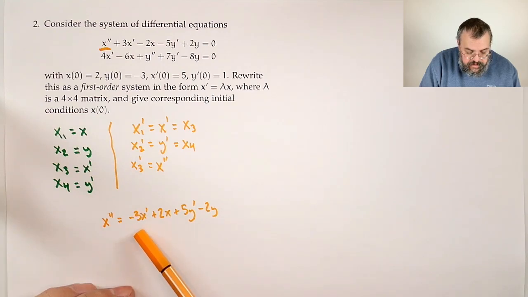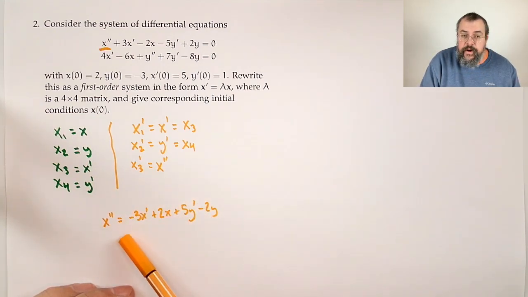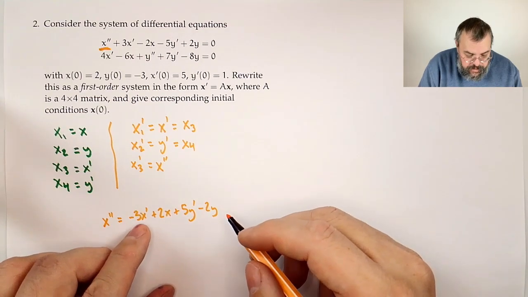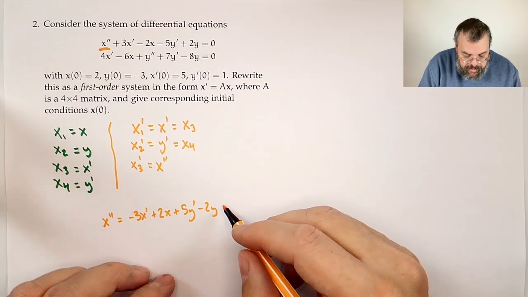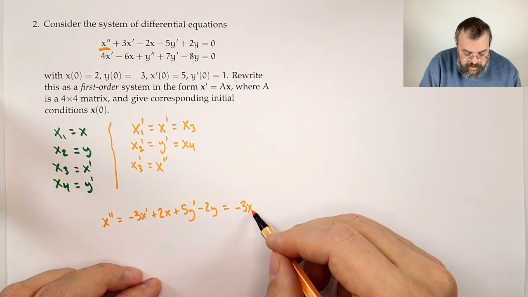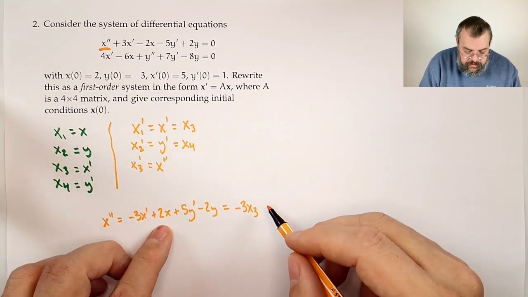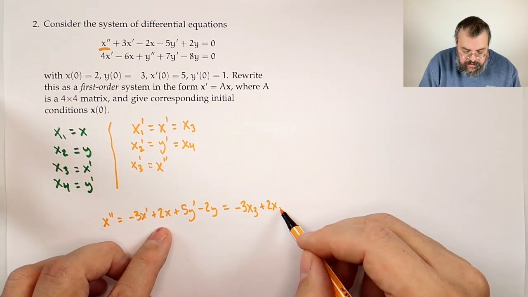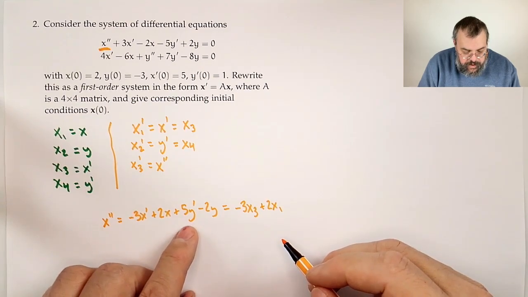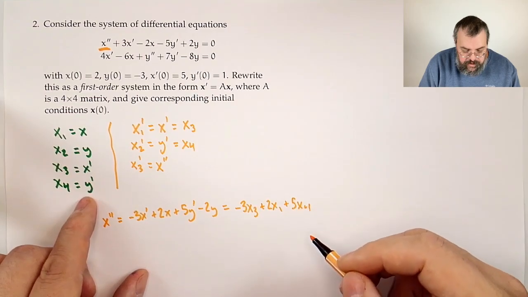Now, we look at these and say, oh, wait a second. We can replace these with our variables. The x prime, that would be x3, so minus 3x3. The x would be x1, so plus 2x1. The y prime would be x4, so plus 5x4.